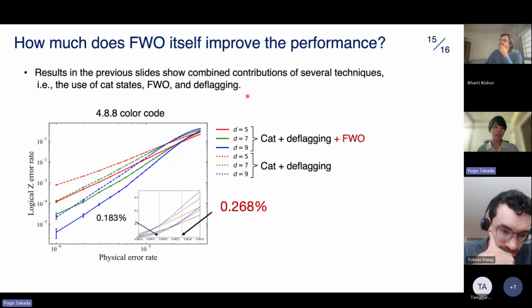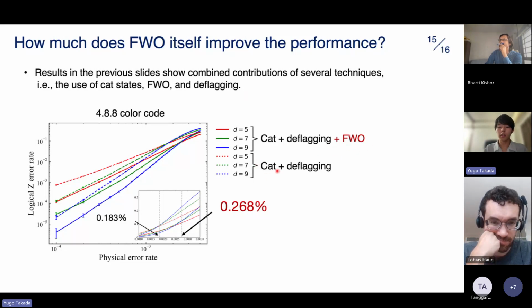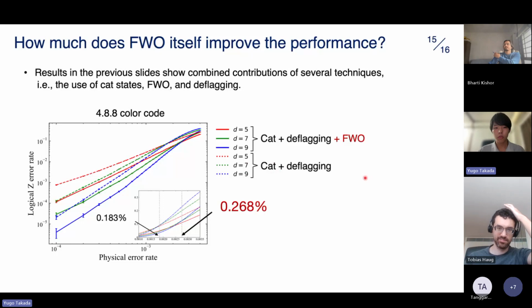So I show the numerical result achieved by using cat state, deflagging and FWO, and the one that uses cat state and deflagging but without FWO. By comparing these two results, we can see how much FWO itself improves the performance.